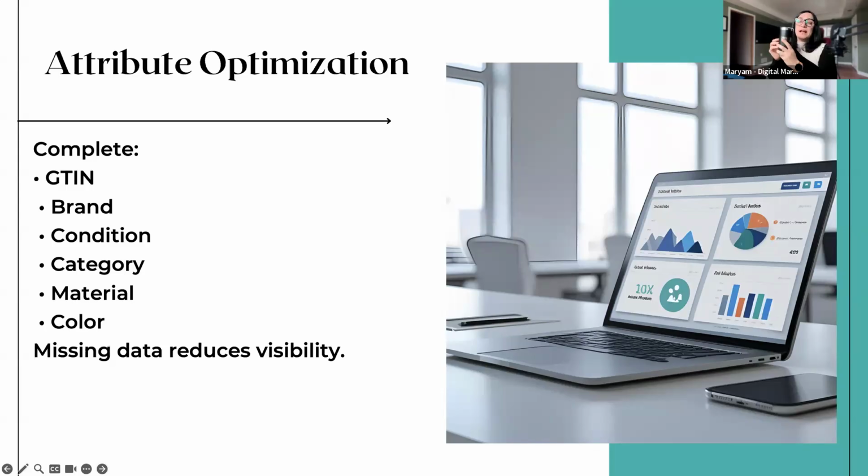What material is it made out of? Is it metal? Put that in there. What color is it? Black? Great. Because this is the data that helps increase visibility. And if you don't have that, it decreases visibility, because the ones that have it will come above your actual sales.